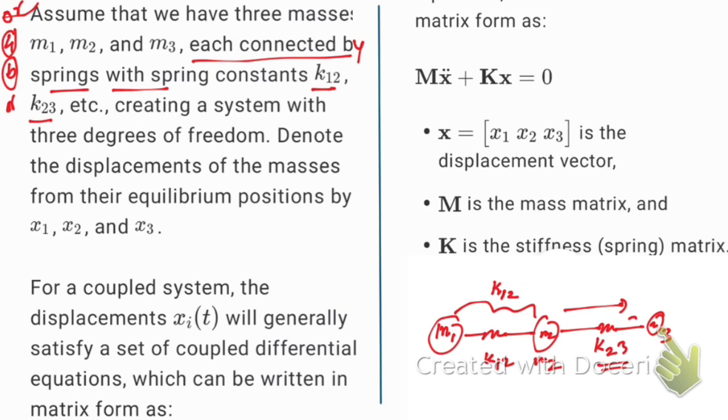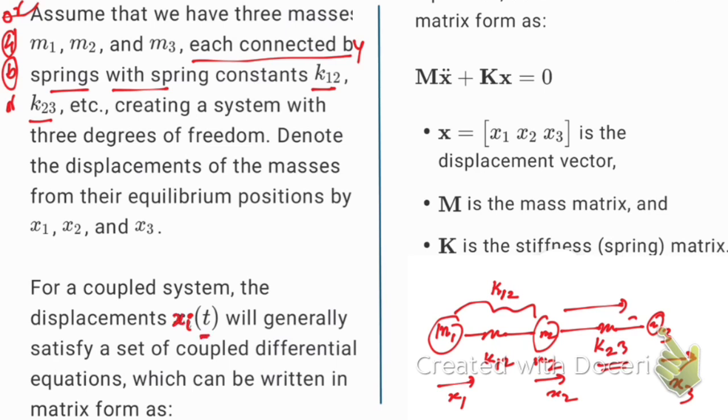And the displacements of these 3 masses from their mean positions are taken as x1, x2 and x3. That's how we have taken it. Here again, for this coupled system, each xi is a function of t.